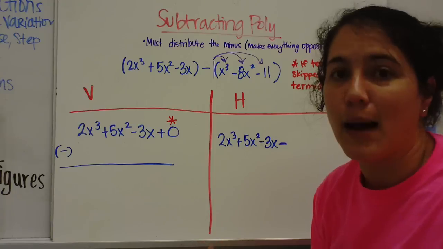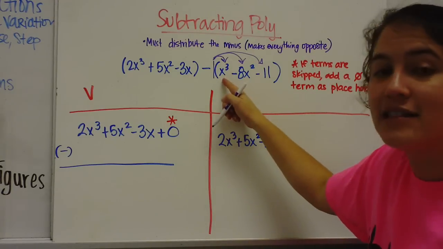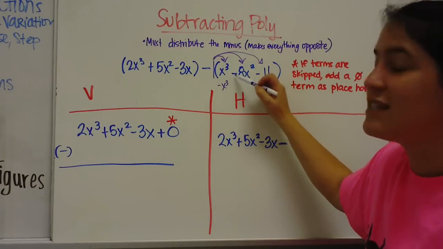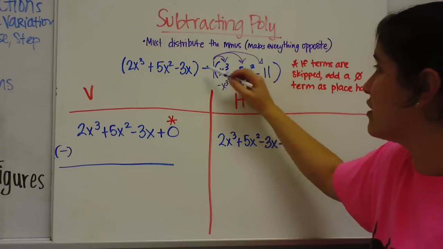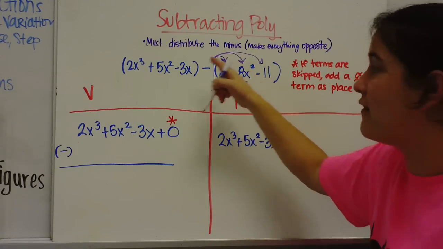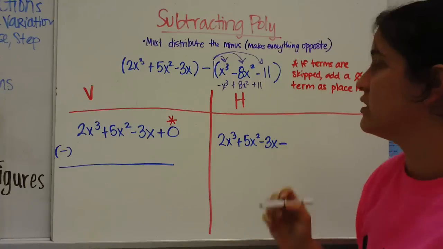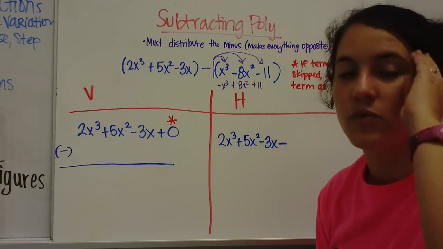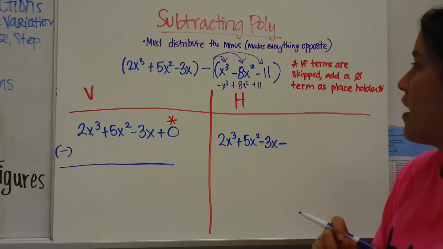That's going to make everything opposite. So instead of a positive x cubed, it's going to be a negative x cubed. Instead of a negative 8x squared, it's going to be a positive 8x squared. And instead of a negative 11, it's going to change to a positive 11. That's what you have to remember when you're subtracting polynomials, and that's what will get really confusing.